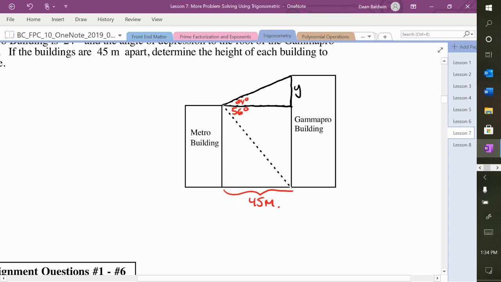Can I find that? If I call that y, can I find that? Do I have enough information to figure that out? Sure. If you're 45 meters apart at the bottom, how far apart are you at the top? 45. So you know this is 45, right?